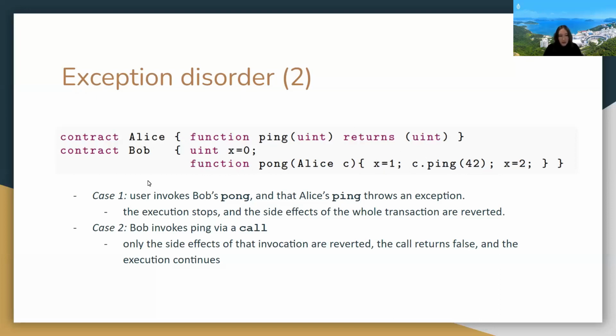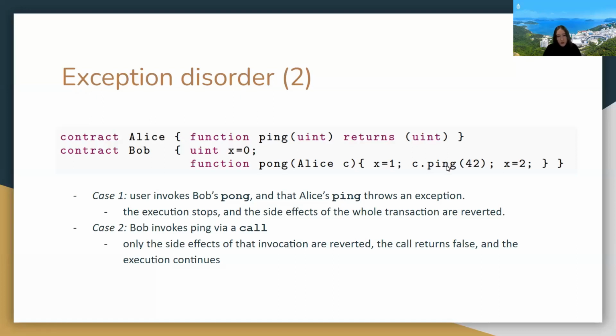Let's consider another situation. Let's say that Bob invokes the ping function via a call method. It would be c.call.value and so on. If we use a call method, then the side effects of that invocation are reverted, and the call returns false, and the execution continues.